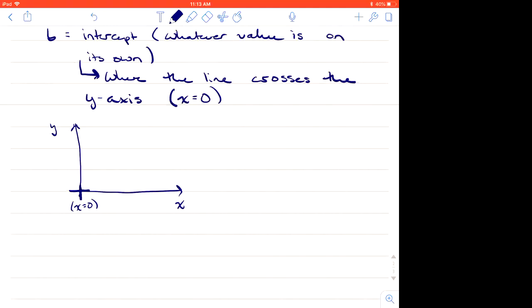If we have some kind of random line here, who cares what the point is, right? But this is your intercept. And that's where x equals 0.